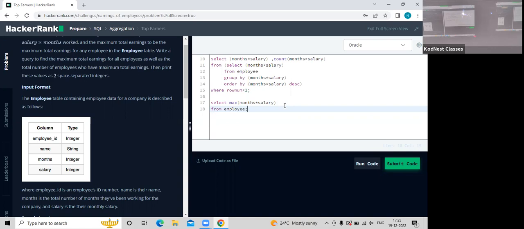This is going to give me the maximum salary. But how many are having this salary? That count we want, right? Are you understanding? Yes, this is correct. How do I get how many of them are having this maximum salary? No, no, no. That I cannot do.